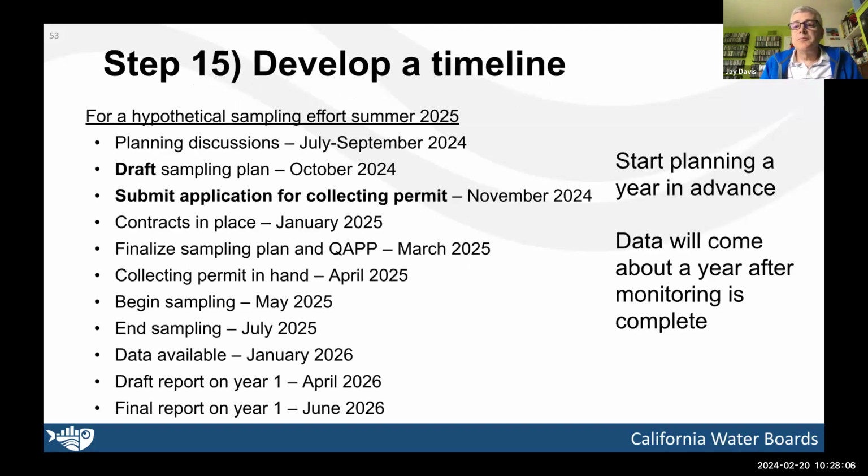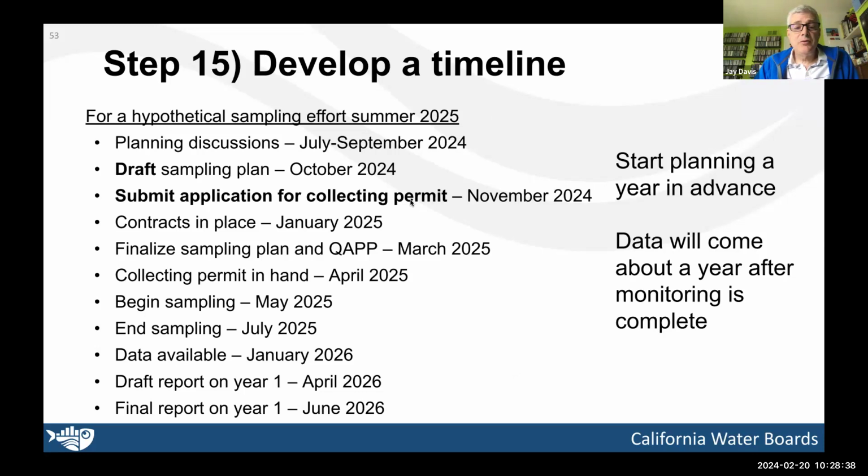And then you need to develop a timeline. For time consideration right now, I won't go through all the steps, but basically, in general, you should start planning a year in advance, because it takes a while to get a plan together. And then a key step is applying for a collection permit. To get the permit processed, the application process takes several months.